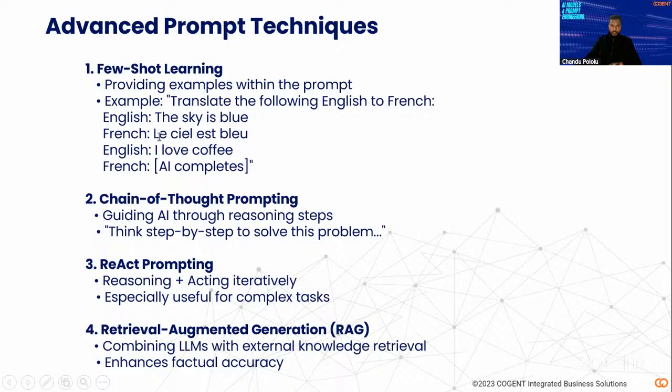When you give it in this format, English is this, French is this, the AI will auto-complete it. It learned from the previous pattern, which is called few-shot learning. You put in some examples, you ask for the output, and it completes it the same way for the current one. The more examples you provide, the more refined your output will be.